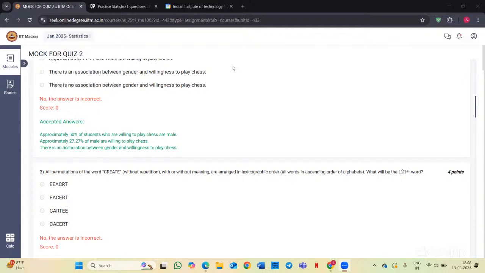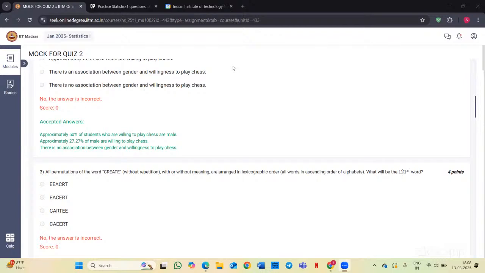Everybody understood it? Basically, we start with the letter A, and if we fix the first letter A, we have to arrange the other five remaining letters. So it would be 5 factorial upon 2 factorial, because E is repeated. So we have 60 words: 1 to 60 are the words starting with A. Then the 61st word would start with C. With the same process, the other five letters are arranged in 5 factorial divided by 2 factorial ways, giving 60 words.